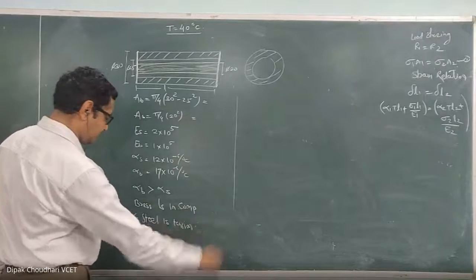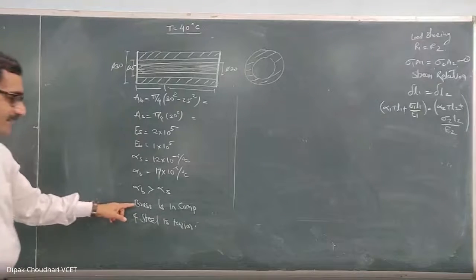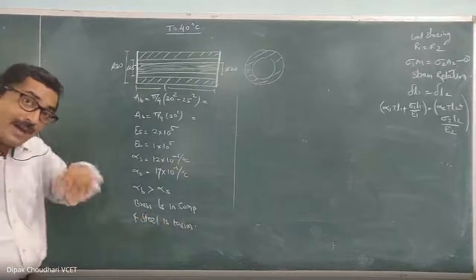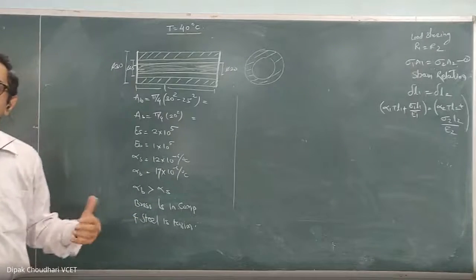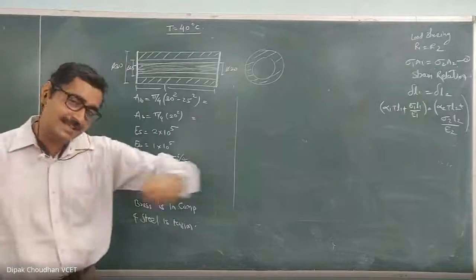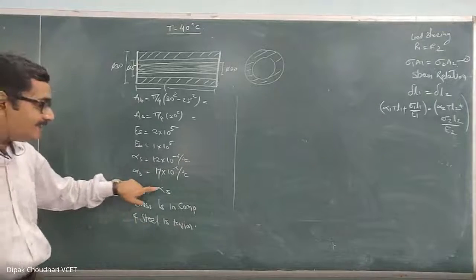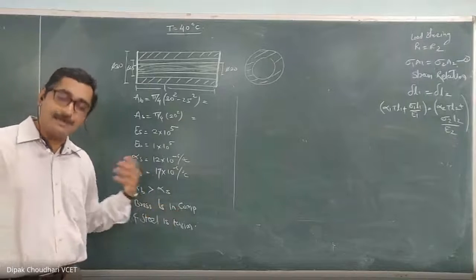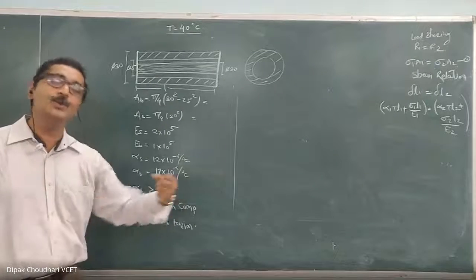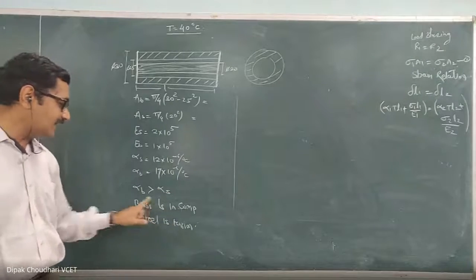The reactive force exerted on the brass by the steel is compressive in nature, whereas the reactive force exerted by the brass on the steel is tensile in nature, because steel has a lesser coefficient of expansion. It will expand less as compared to the brass, and hence the brass will pull it. That's why steel is in tension and brass is in compression.